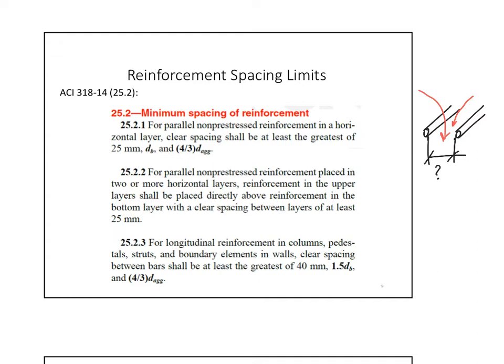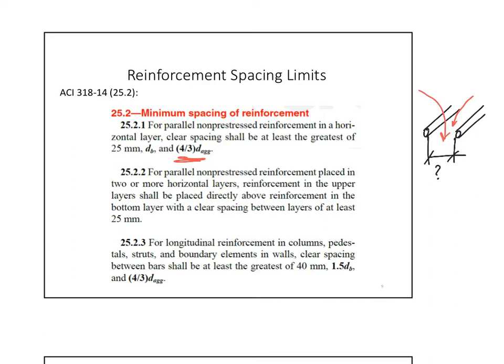And I want to ensure that there's not a big space between them that could cause cracking, either due to shrinkage or temperature cracks. So the code has these minimum spacing requirements. The first one is to have a 4/3 D aggregate. 4/3 means 1.33 of the biggest aggregate size, which is what we specify the aggregate with.